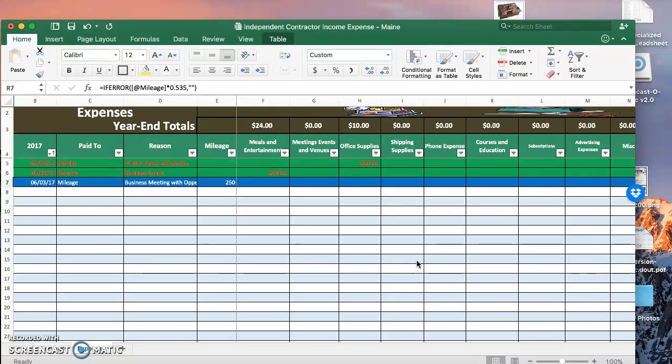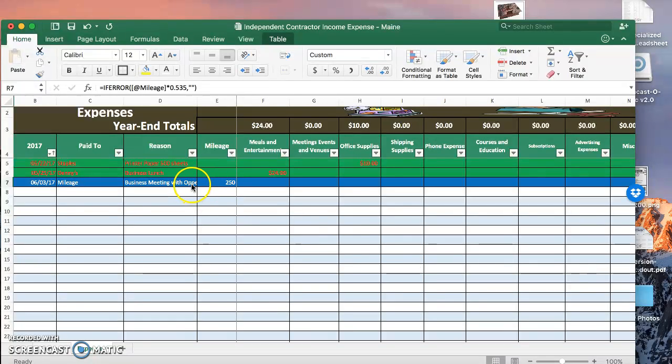Now, when you're recording mileage, it's very important for you to take a picture of your odometer before your trip, and take a picture of your odometer after the trip, and save these pictures somewhere. Again, I can't stress this enough, because this is very important documentation to have when you're recording mileage, right? So make sure, again, I can't stress it enough.